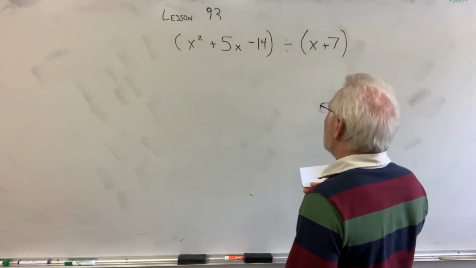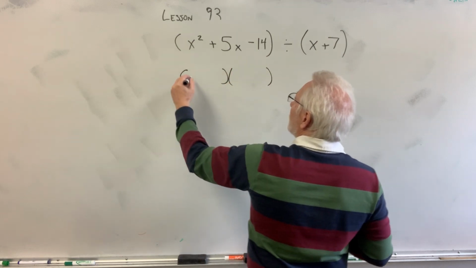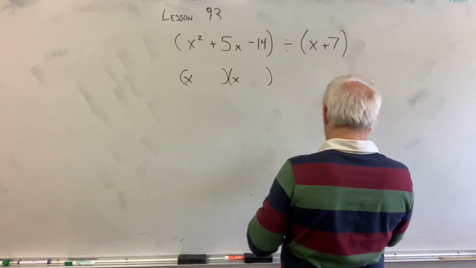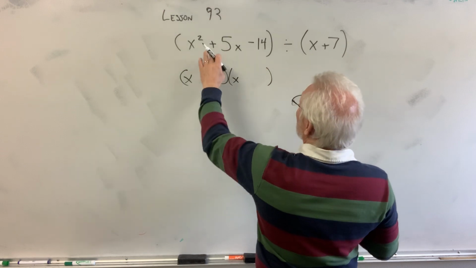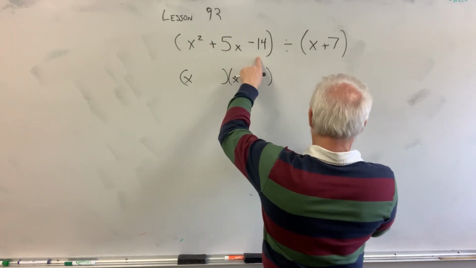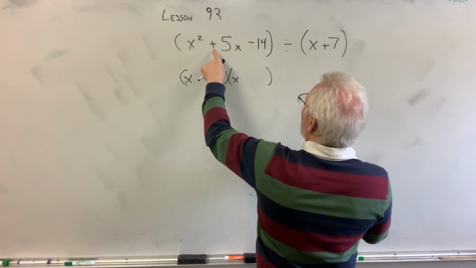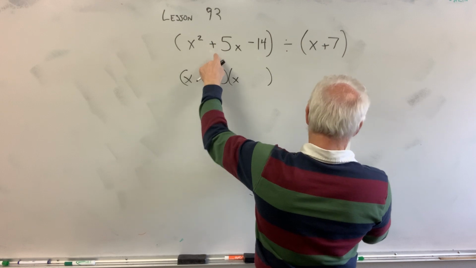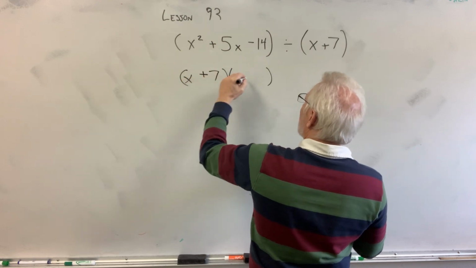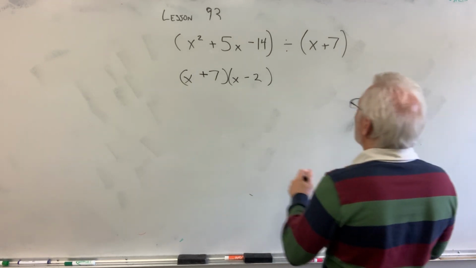So, again, we're going to factor this puppy out, and we're going to get x. The two numbers got to be a positive and a negative to get a negative here. The bigger number has to be the positive number, so you get plus 7 minus 2. And hopefully you figured that one out right away.